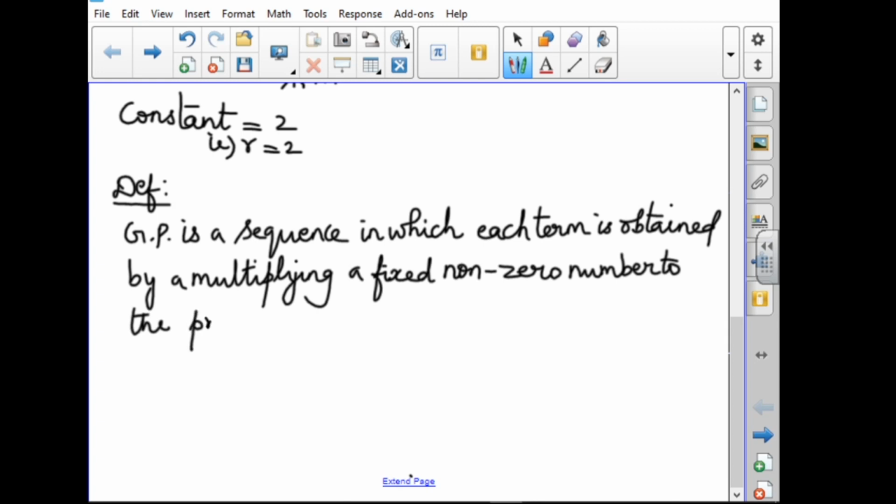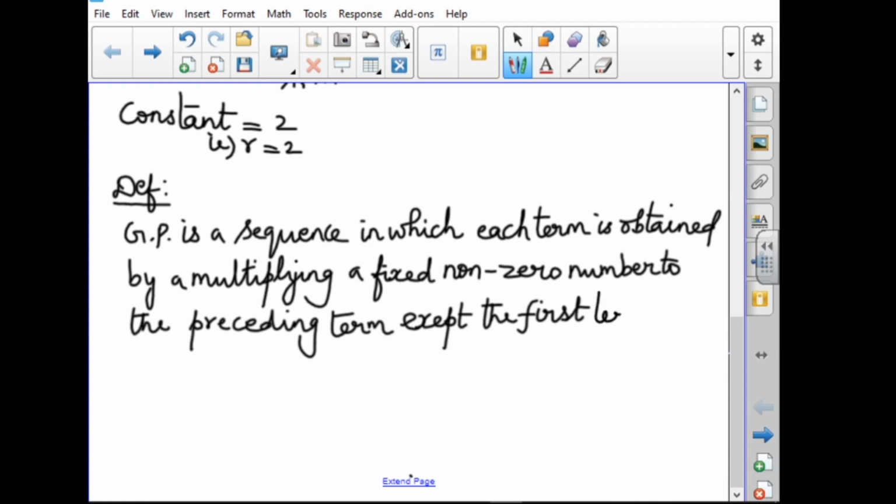That is, the next term will be found by multiplying the preceding number. This is applicable for all the terms except the first term. Starting from the first term, we get the successive terms by multiplying a fixed non-zero number.